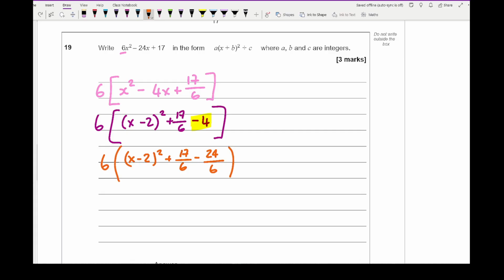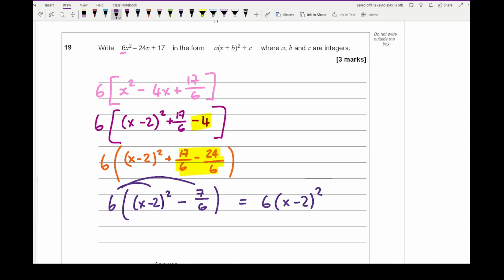Neatening the two fractions, I end up with 6 times x minus 2 squared, and 17 take away 24 is going to give me minus 7 over 6. Then if I multiply everything by 6, I end up with 6 x minus 2 squared minus 7, and there is my final answer for that.